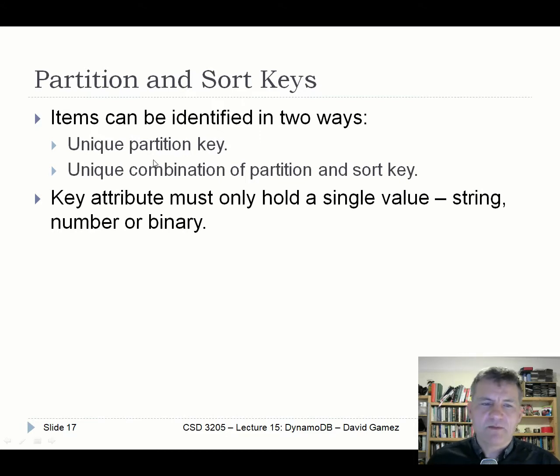Or we can specify that the item should be identified by a combination of a partition and a sort key. Now you might think, does this really matter? I can just create an ID, who cares? The reason it matters is that any queries on your DynamoDB table, if they're going to be efficient queries, are limited to the partition key and the sort key.